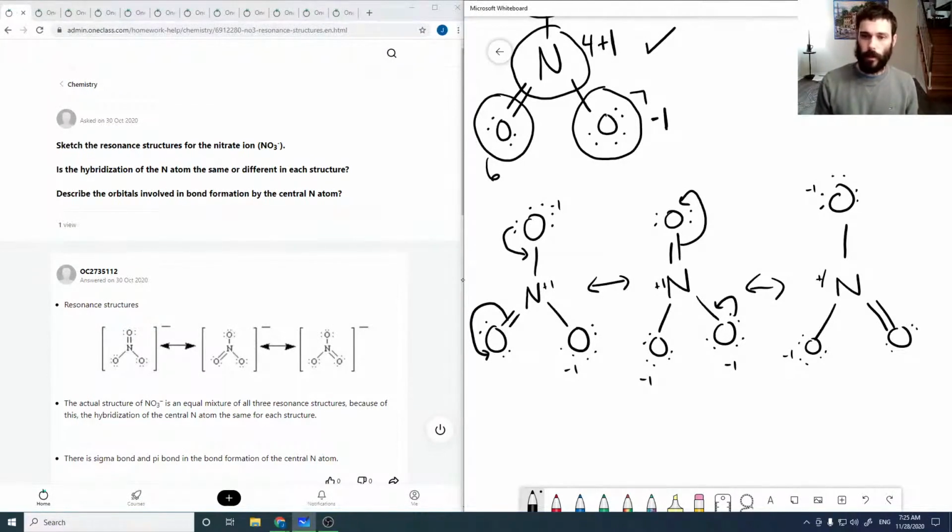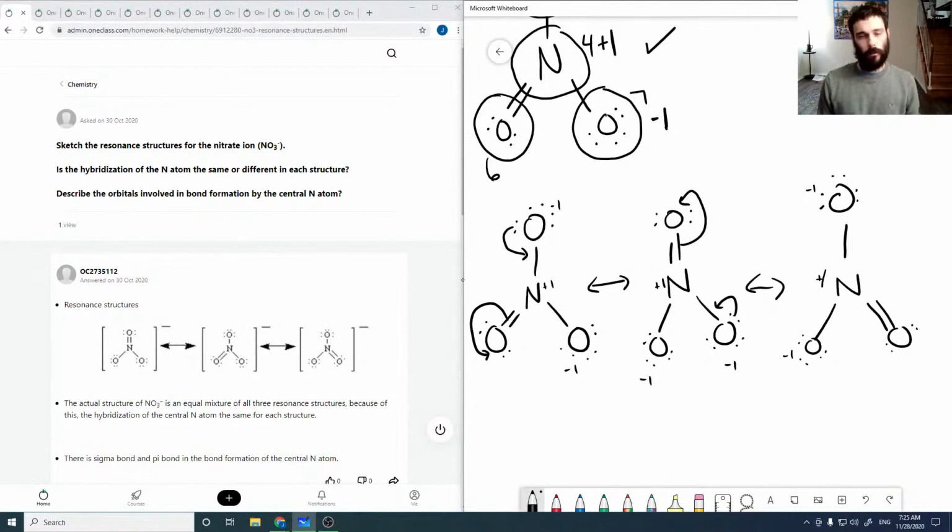And so the electron density will actually be delocalized through the entire structure, which is what this represents. So it's still a handy tool for describing the molecular structure.